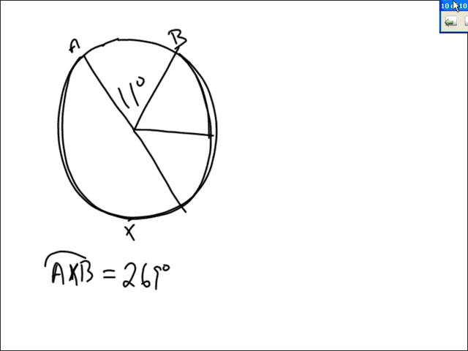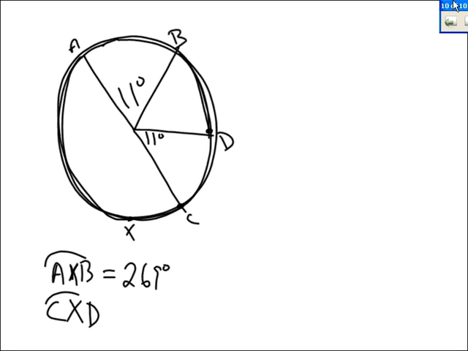Well, here is another 11-degree angle, and call this CD. Well, if you go from C to X to D, you have this arc. Everything but this.